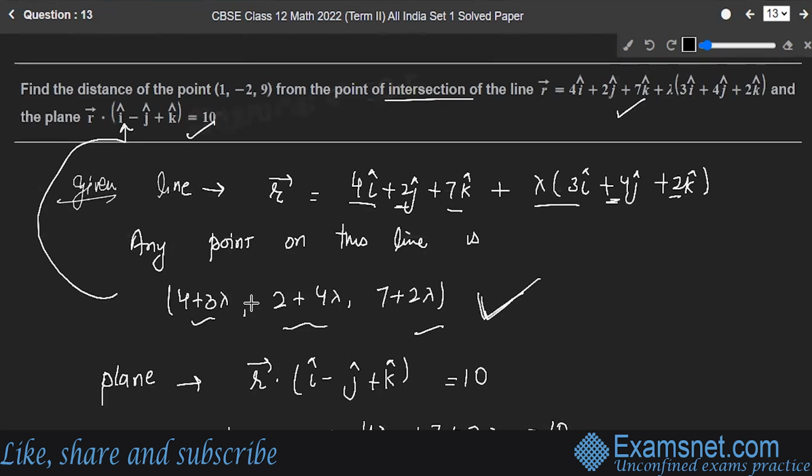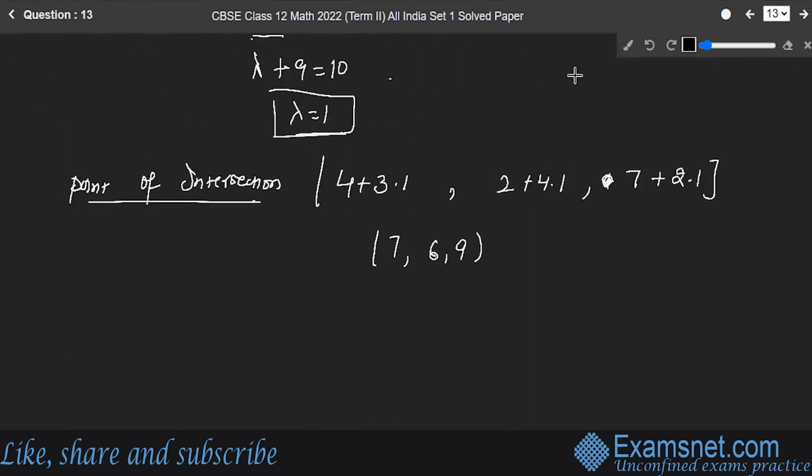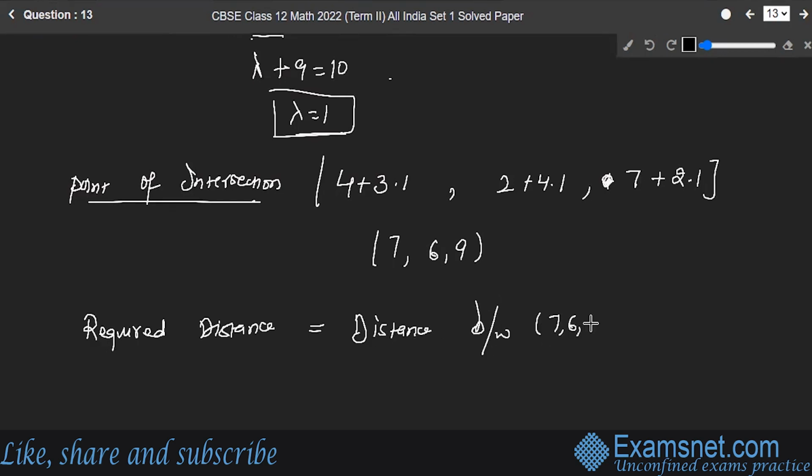Now you have to find out the distance of this point (1, -2, 9) from this point. Required distance is the distance between (7, 6, 9) and (1, -2, 9).